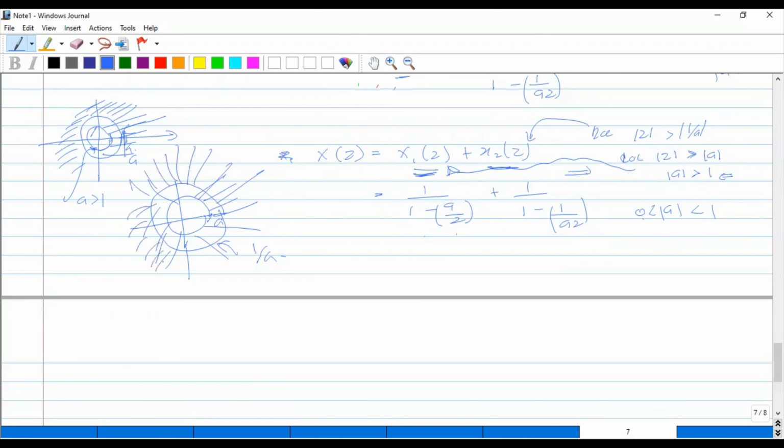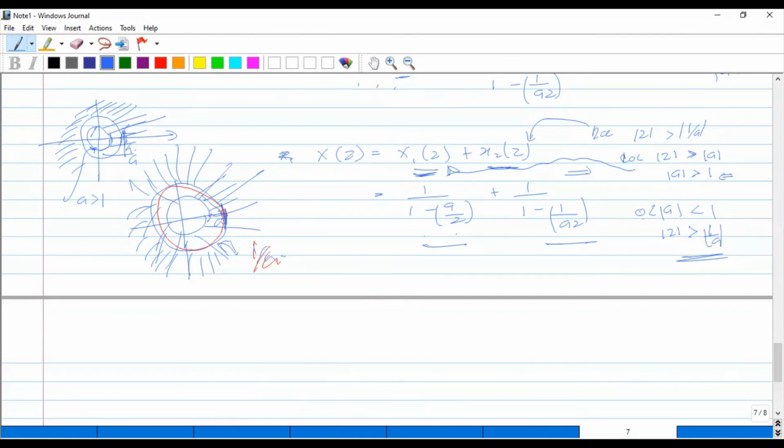So what is the common area for both terms? It is outside this big circle, that is 1 by A. So in that case, the ROC is the Z value greater than 1 by A. This is what you have to understand.